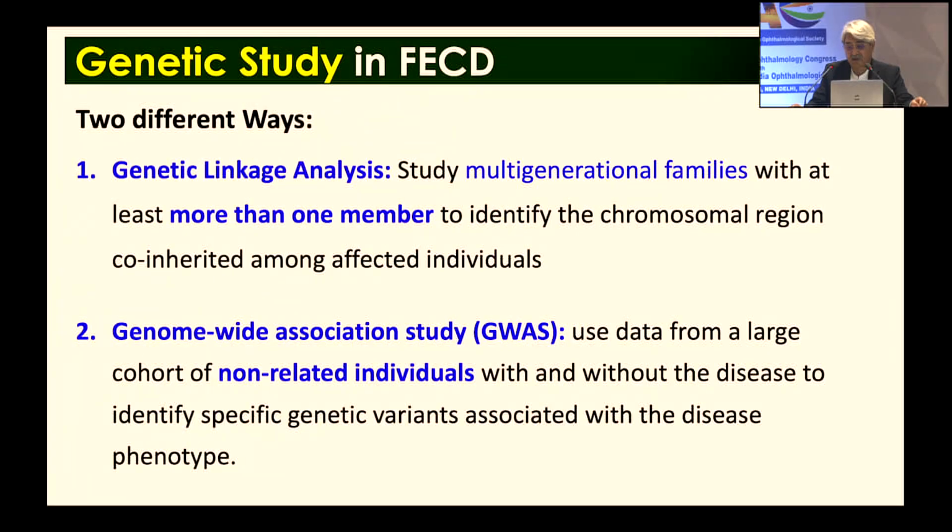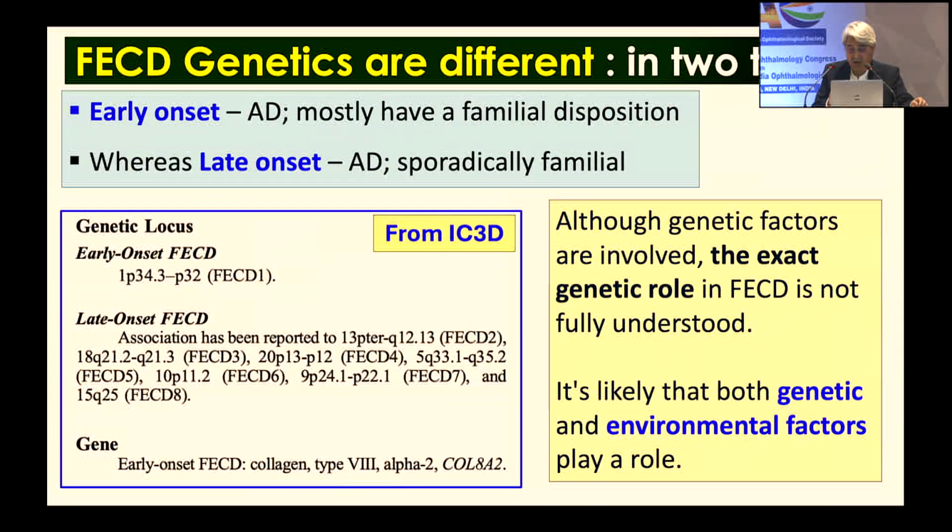There are two ways of studying genes in FECD. One is genetic linkage analysis of the family. Another is GWAS, that is genome-wide association study. Early onset is autosomal dominant and mostly has a familial disposition, whereas late onset is sporadically familial.